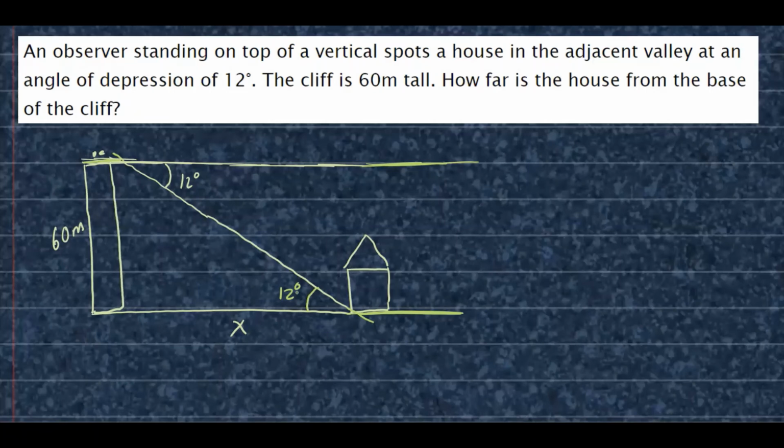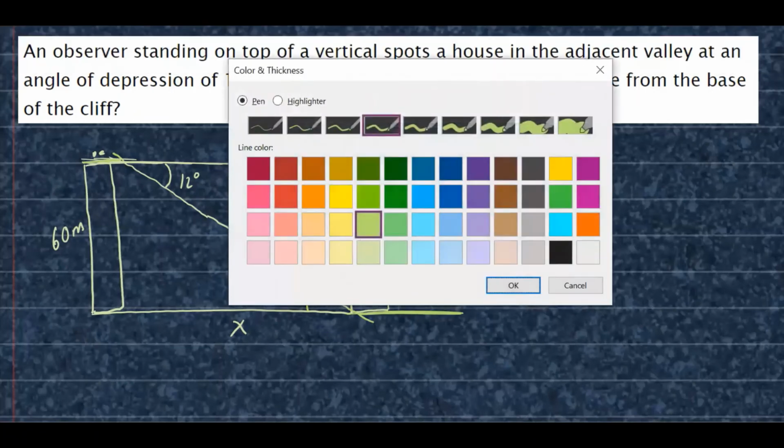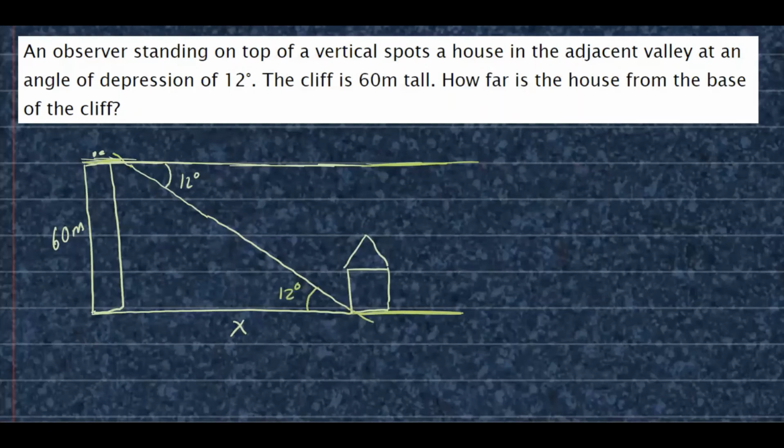Now you can also think about it this way. Here we create a 90-degree angle. So if that angle is 12, then that means this angle is 78 degrees. You can also use that if you want. But we're going to stick to that 12 degrees as the angle of elevation from the base of the house to the observer.